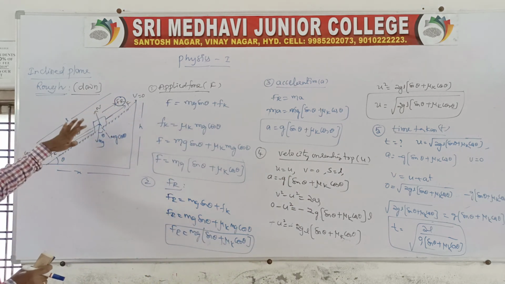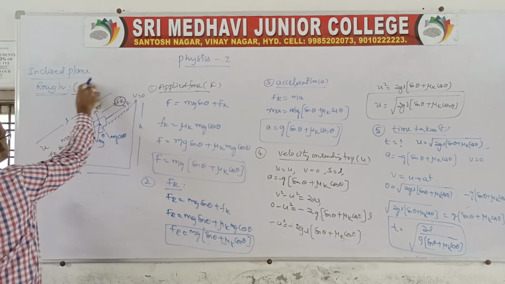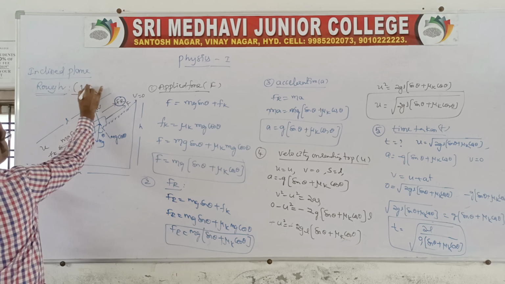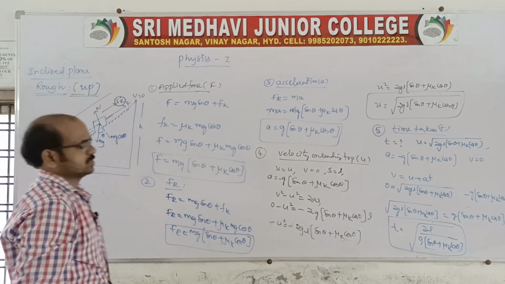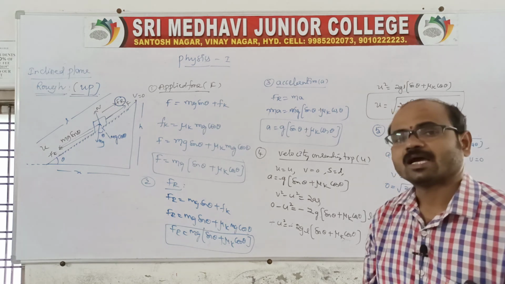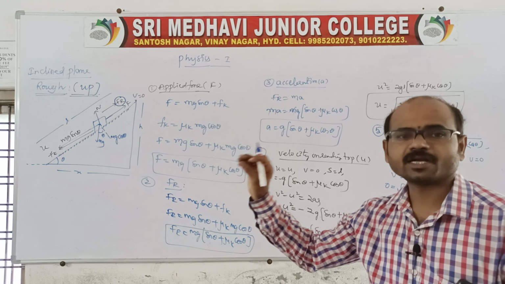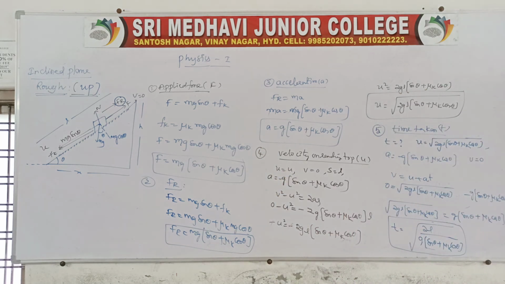So this is the case related to sliding up. Motion of a body on an inclined plane: one is sliding up and one more is sliding down. These are the two cases related to sliding up and sliding down. Clear?